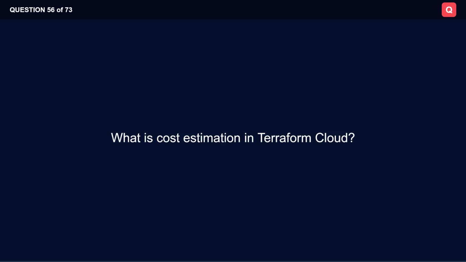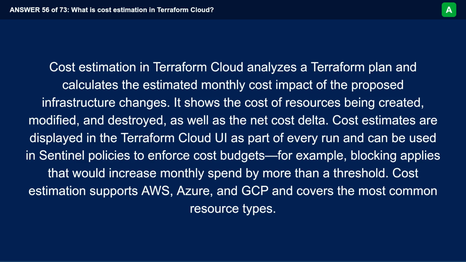What is cost estimation in Terraform Cloud? Cost estimation in Terraform Cloud analyzes a Terraform plan and calculates the estimated monthly cost impact of the proposed infrastructure changes. It shows the cost of resources being created, modified, and destroyed, as well as the net cost delta.